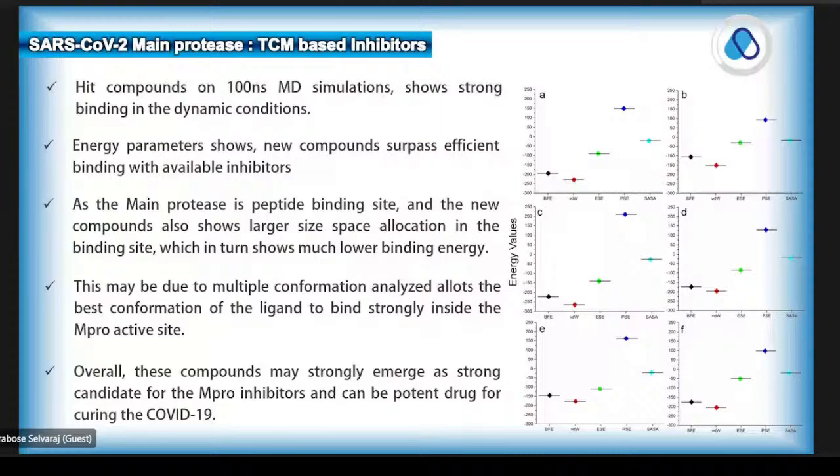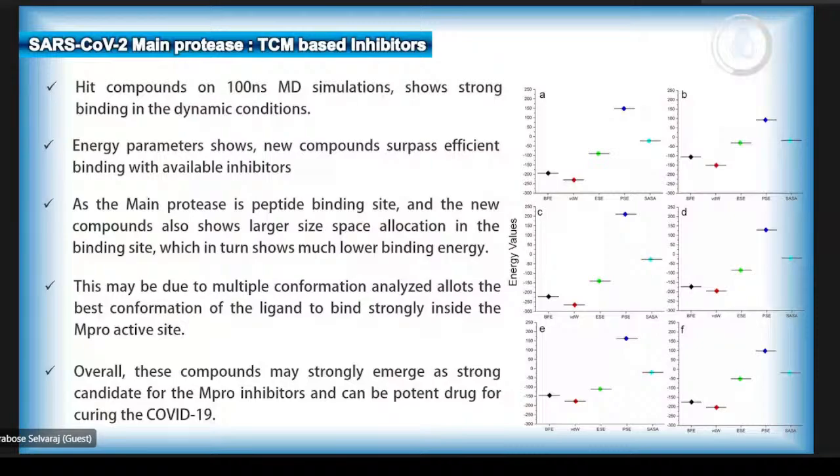If the energy levels are lower, it is better. Lower means minus values, and we can see all the energy levels are in the lower range. So we find these molecules are better in terms of docking, dynamics, conformational changes, amino acid interaction patterns, and active site analysis. So we declare these molecules can be strong protease inhibitors for experimental work.